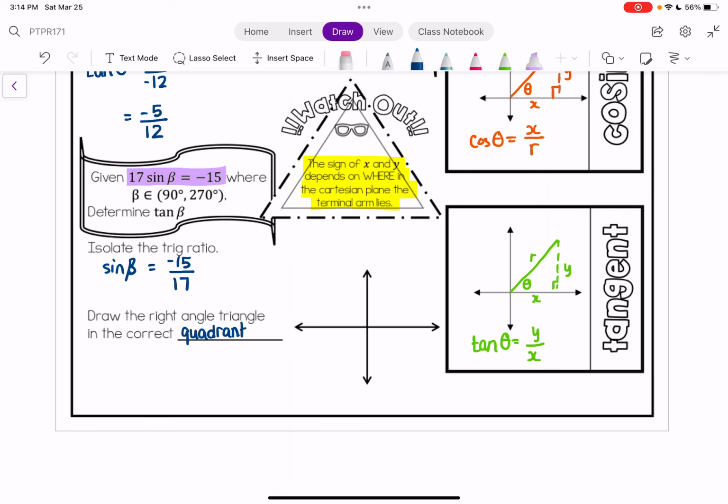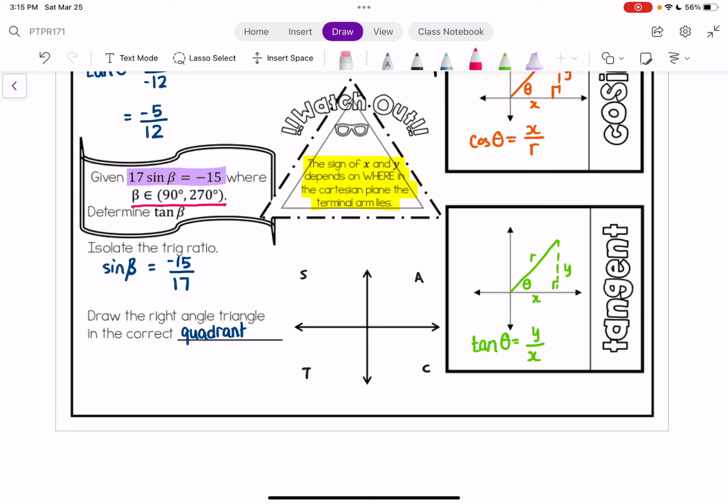So to help us, we are going to use our CAST diagram, and we are going to look at the range that they gave us for our angle. Well, we want sine to be negative.